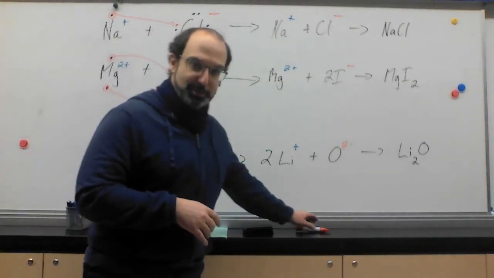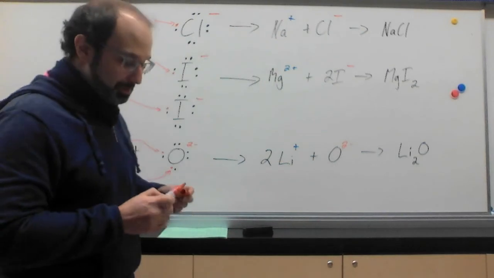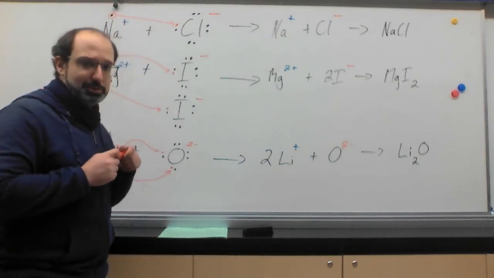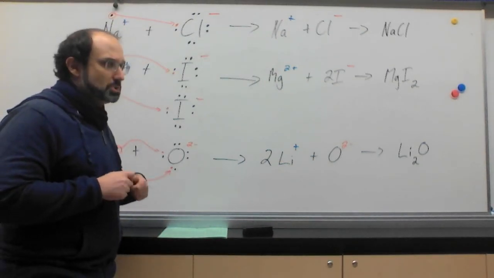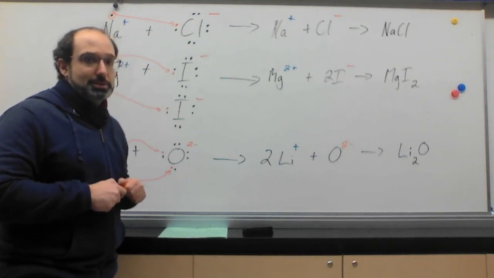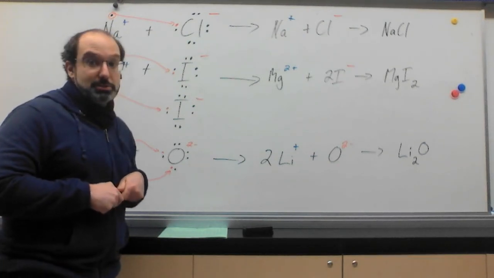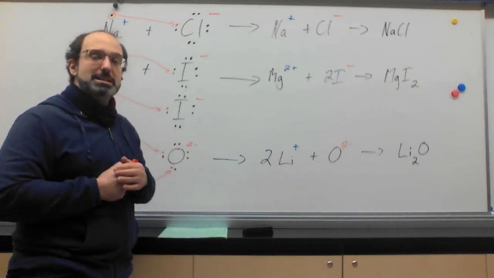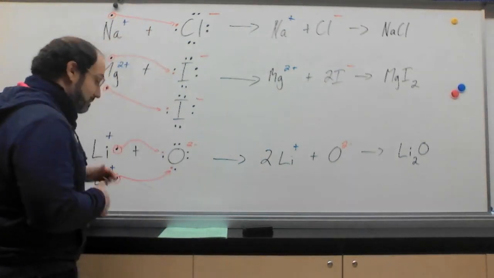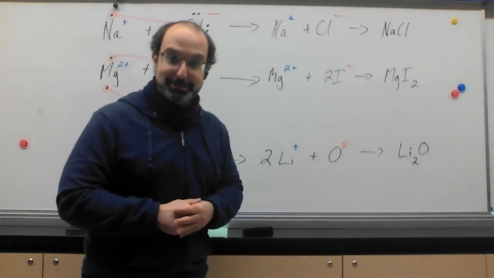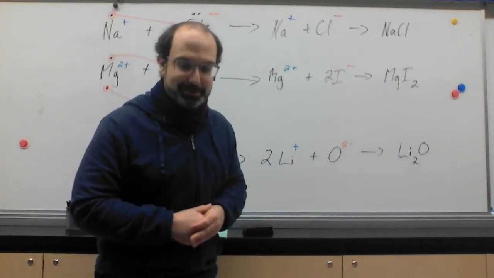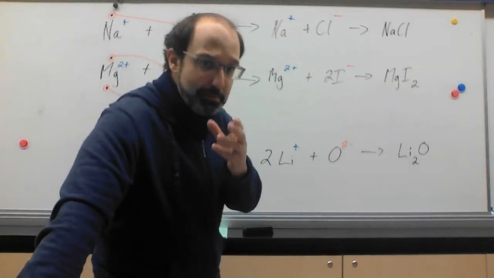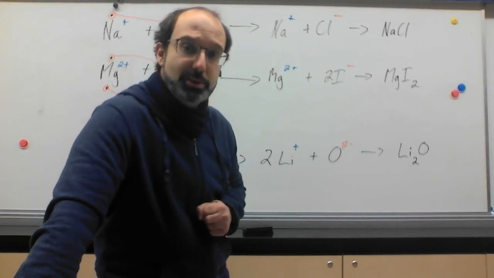You're going to find some much more complicated ones coming up. What happens when I put aluminum plus oxygen, for example, or sodium plus phosphorus, or nitrogen plus lithium? Lithium would be better. Aluminum would be easy. You'll see all of those and more as you work through your practice. And you're going to need a lot of practice. So, with that in mind, I will leave you there, and I will see you next time.